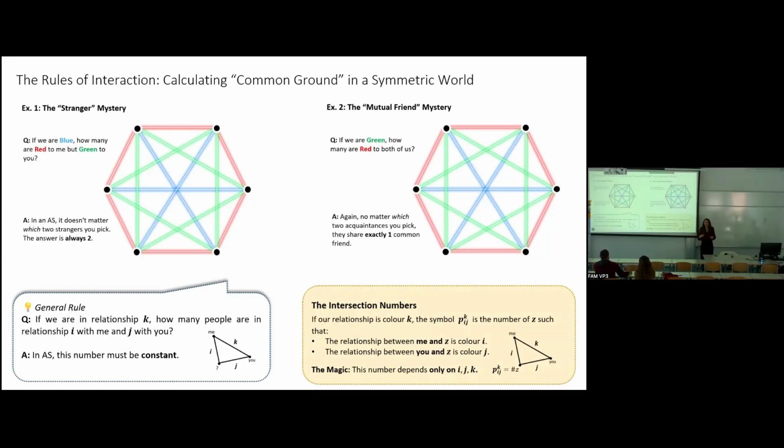These are the most characterizing things of an association scheme. That's why I'm saying I'm going beyond just checking the distance from me. I'm checking the distance, or some kind of structure, from a pair, counting these colored triangles. So if our relationship is color K, this is the symbol p^K_{IJ}, representing the number of people Z such that the relationship between me and Z is I, and the relationship between you and Z is J. Here I'm not considering the order because I know that in this scheme, whatever the order we pick, it's okay.